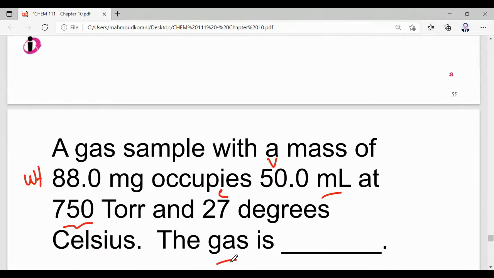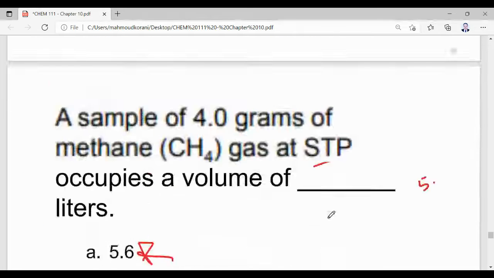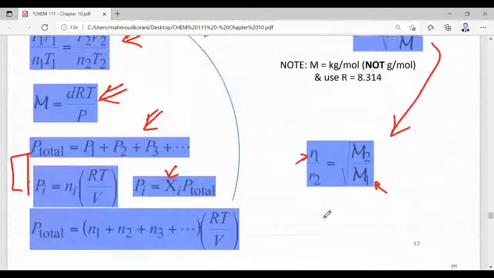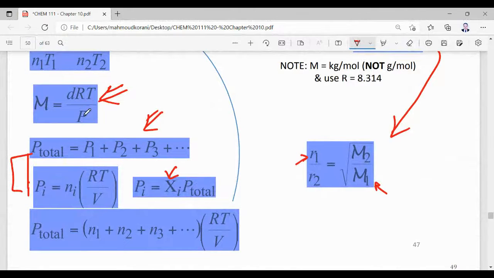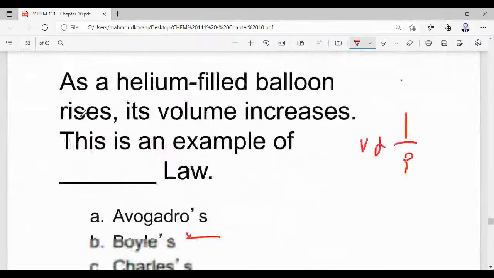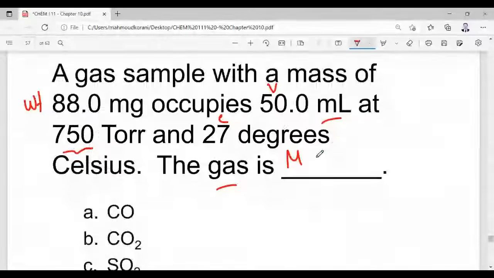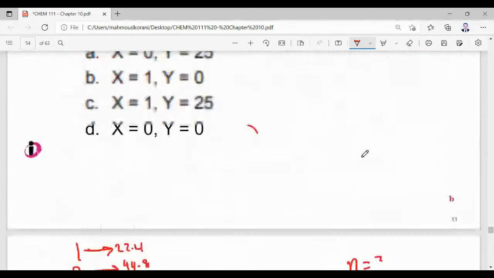Here I'm asking for the identity of the gas, so you should calculate the molar mass, according to that equation: density times RT divided by P. Am I right?